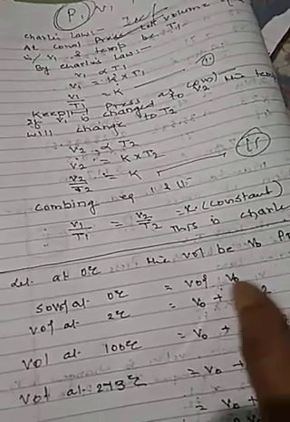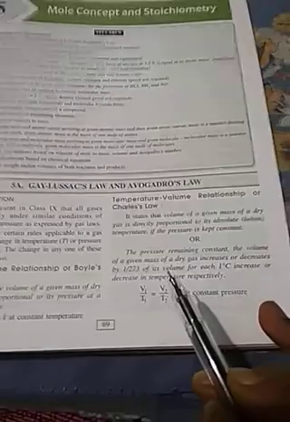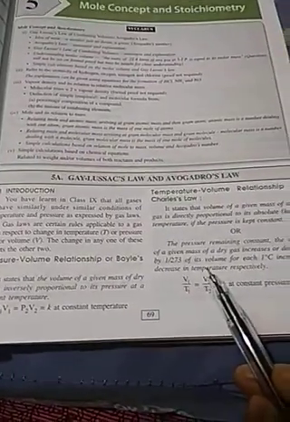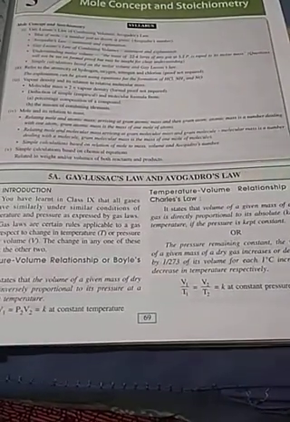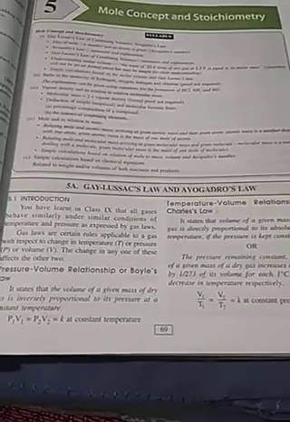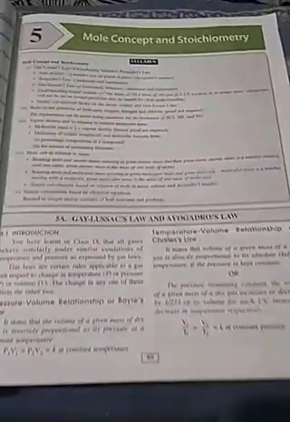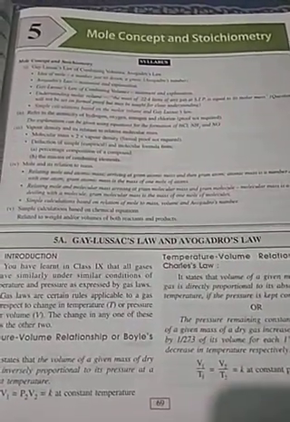This Charles' law can be understood by another definition. Now we know if we increase the temperature, volume will increase. If we decrease the temperature, volume will decrease. What is the rate of expansion and what is the rate of contraction? It follows this one.